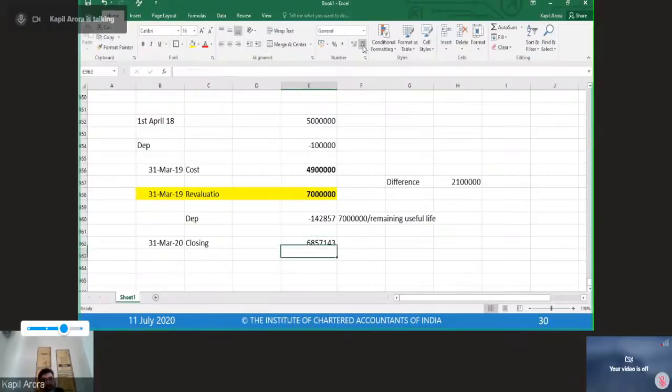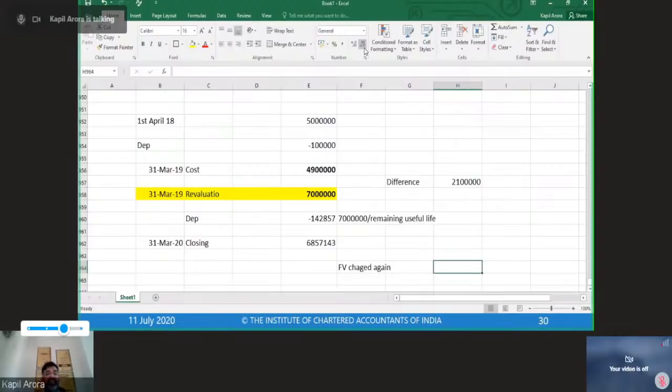Now let's assume I revalued again. I found the fair value changed again. Now the fair value, instead of 70 lakhs, right? I hope everybody understands that we have charged depreciation on the new value. Depreciation would always be charged on the new value, not on the old value. Okay.